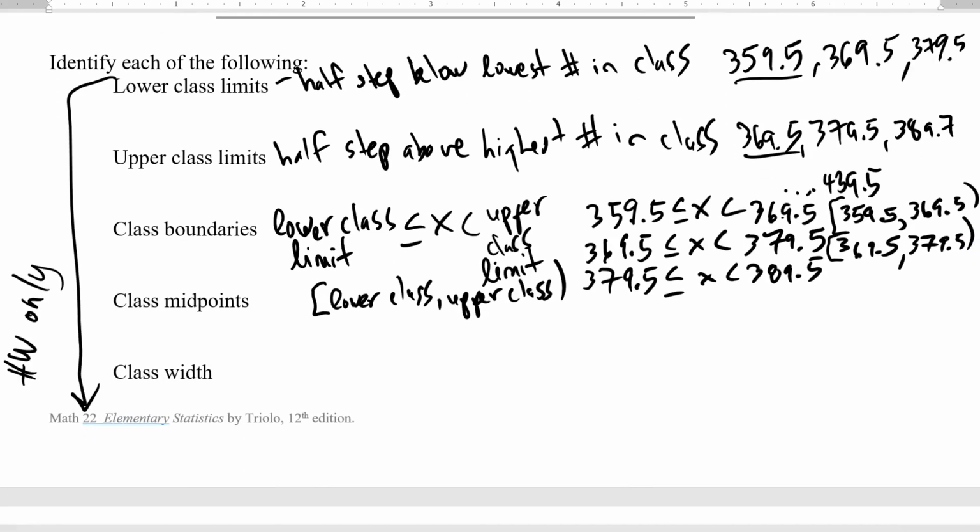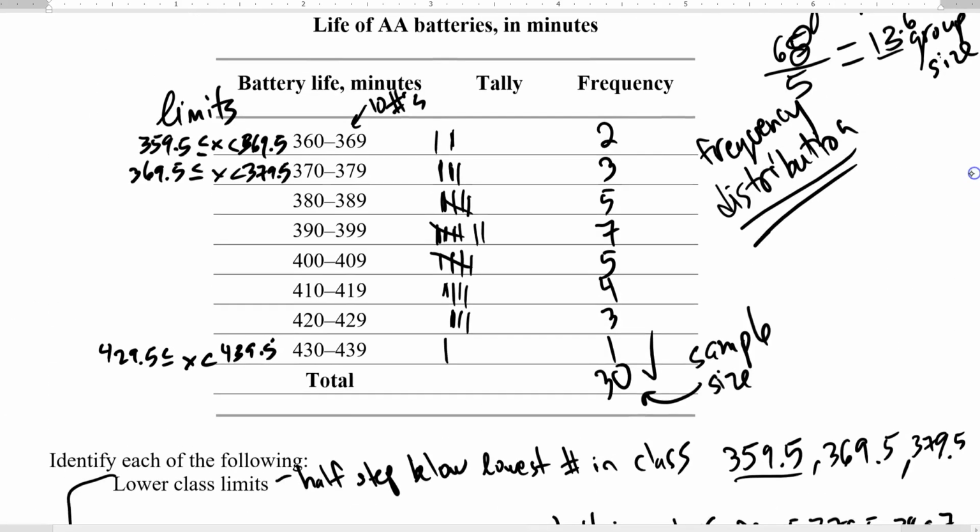Class midpoint, literally just the middle. So you could do the lowest number plus the highest number and divide by 2. So in our first class, the lowest number, 360, to 369.